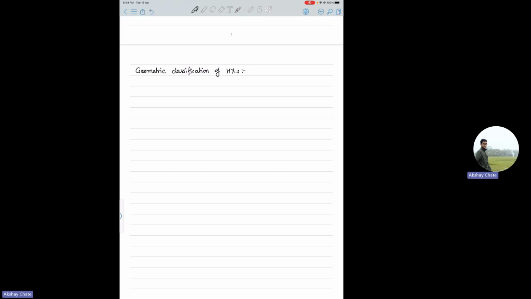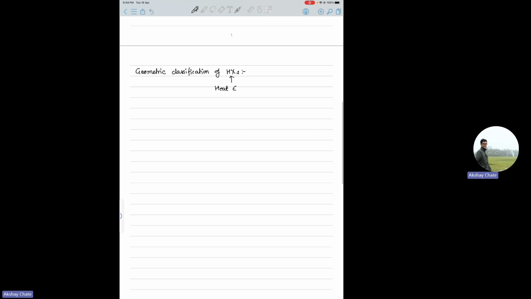I'll be using HX as the acronym for heat exchanger in this class, just because it saves time. Otherwise, every time you have to write heat exchanger. But just keep in mind that wherever I write HX in this class, it is heat exchanger.